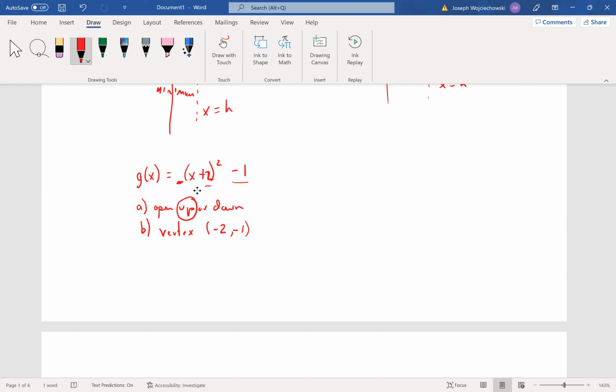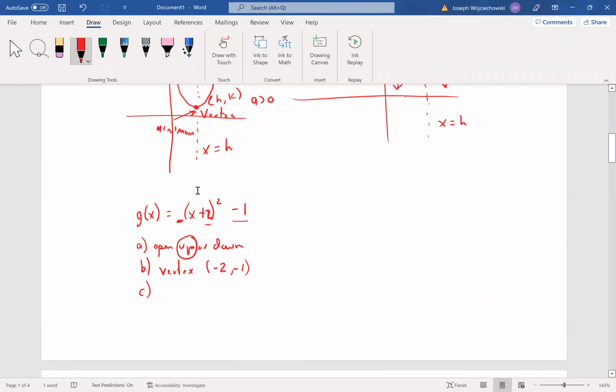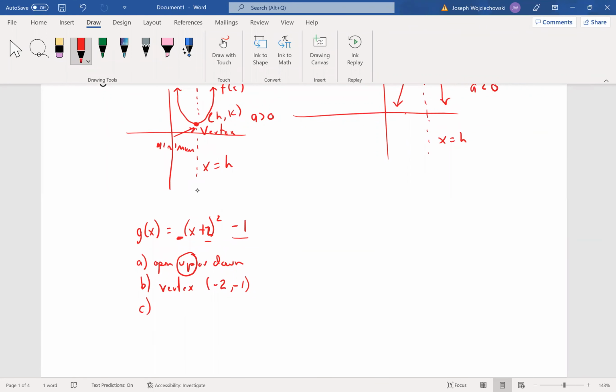Okay. What else can we find out of this? Well, we could find intercepts. We'll find the x-intercepts by setting y equals 0. So when is g of x equal to 0? x plus 2 squared minus 1. Add 1 to both sides.